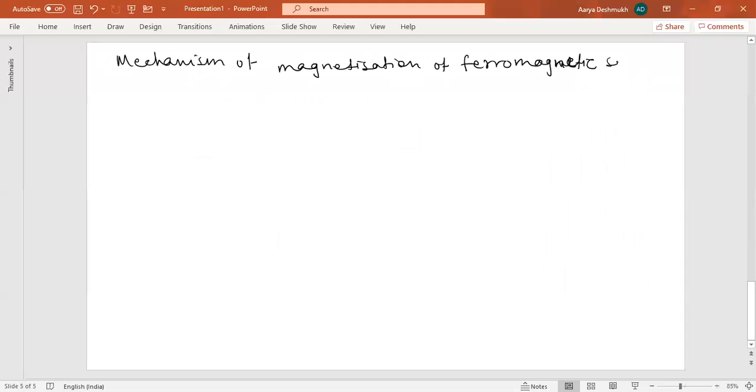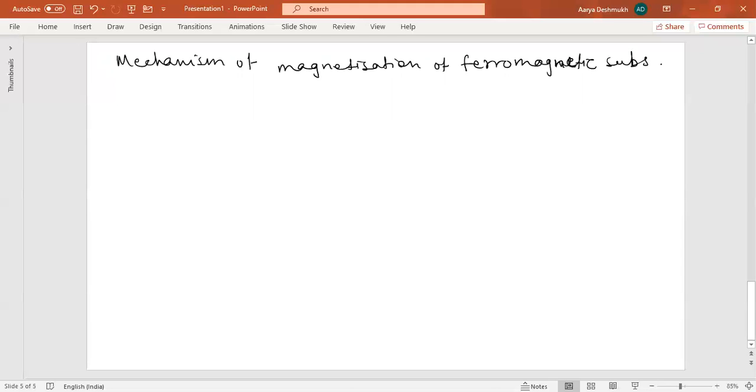Ferromagnetic substances. Okay. So now the unpaired electron in one atom interacts strongly with the unpaired electron of the neighborhood atom, because we are talking about solids, so a number of atoms will be present there.